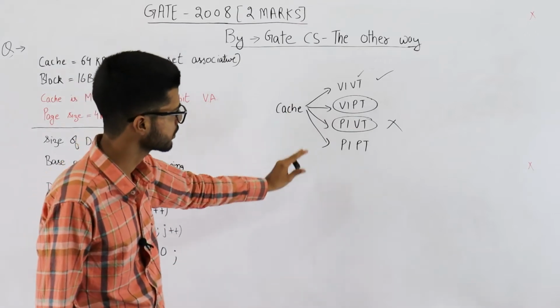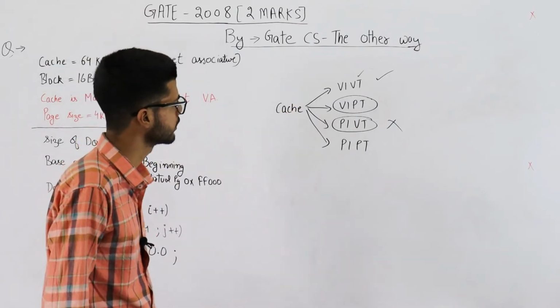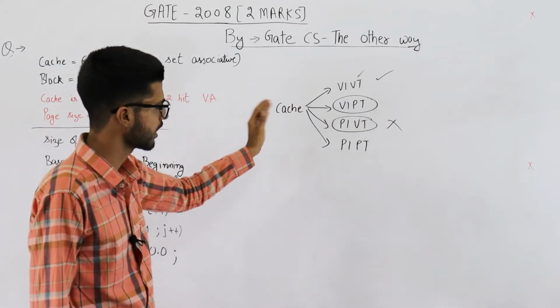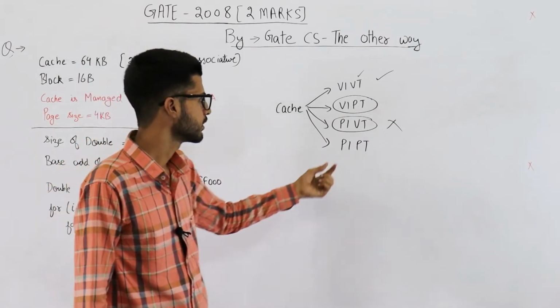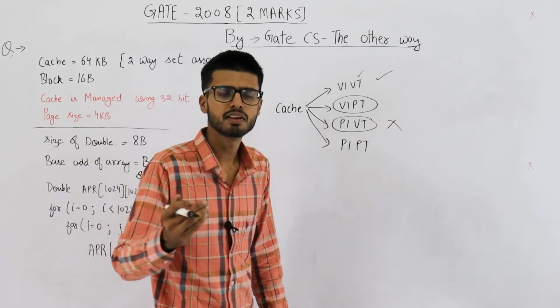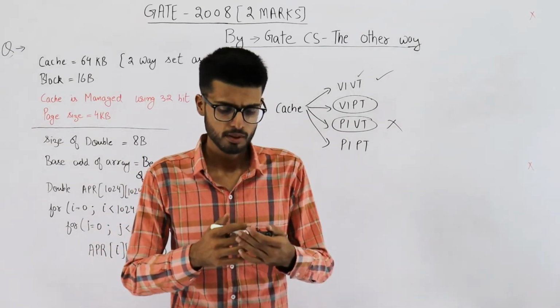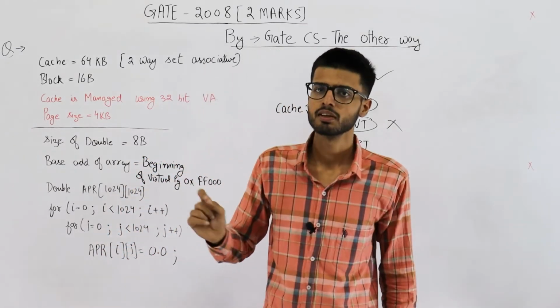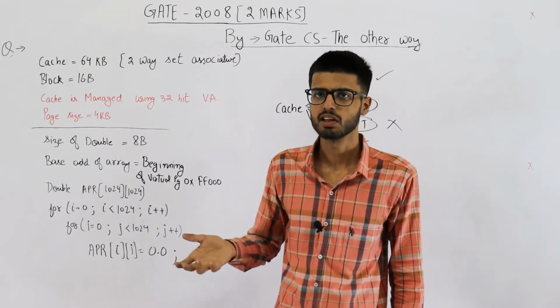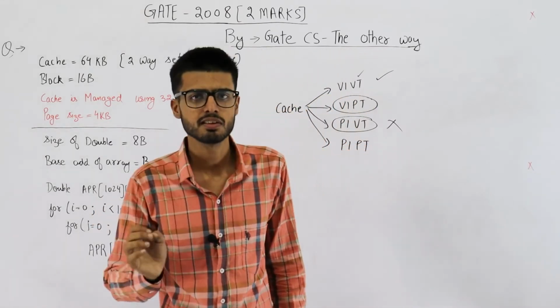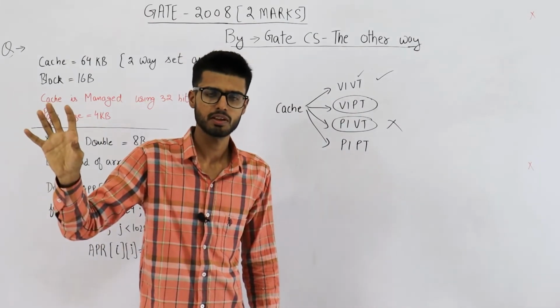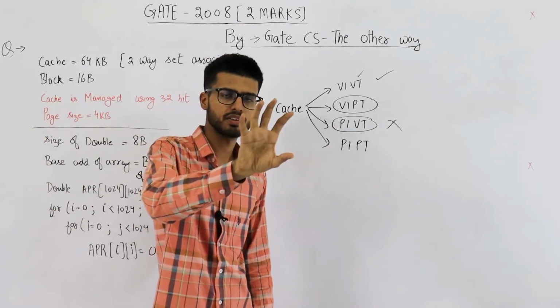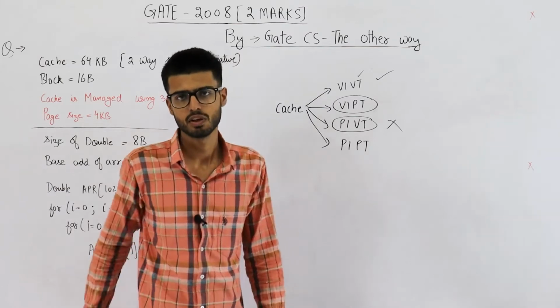Okay, let me just talk for 1 or 2 minutes regarding this topic. Generally, the CPU generates a virtual address. The MMU, using the page table or the TLB, converts it to the physical address. So we have a virtual address generated by the CPU, then it's converted to a physical address, then it's given to the cache.